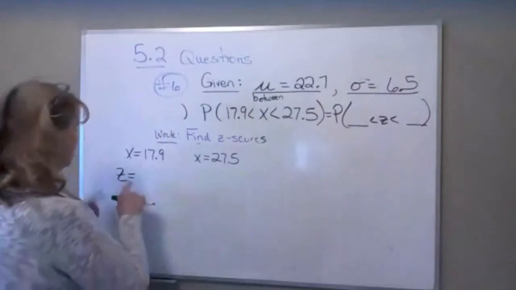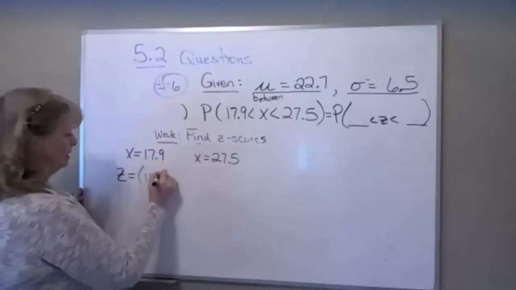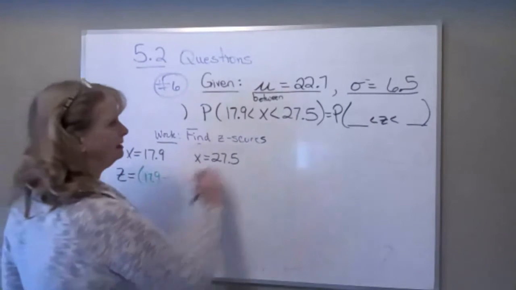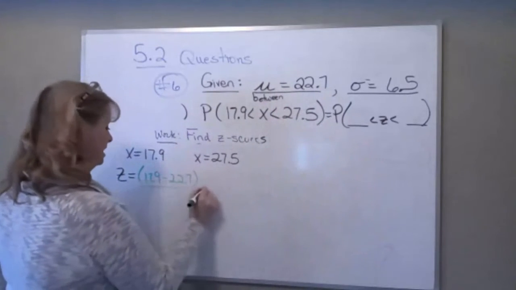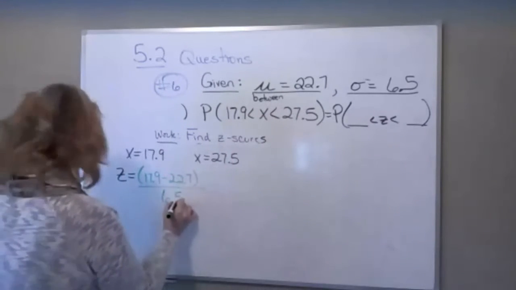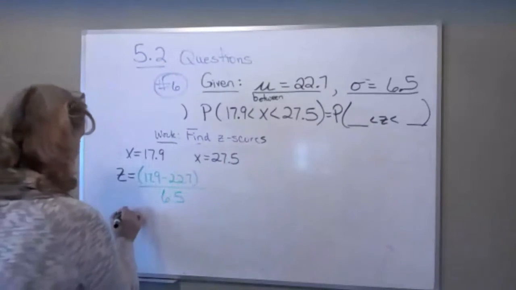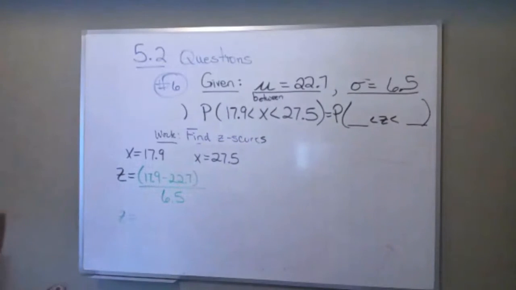data values. So for the z-score for this, we're going to have 17.9 minus the mean was 22.7, and divided by the standard deviation. I'm going to do that in my calculator, and I'm going to round to two places.